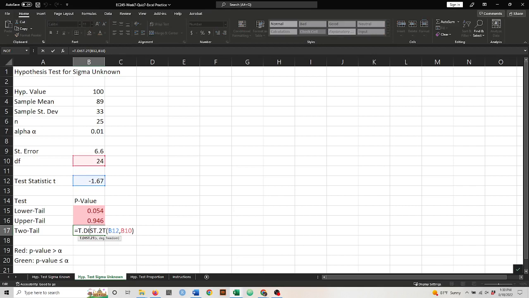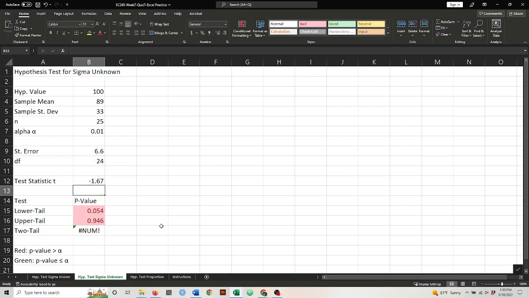The problem with this particular function is that it doesn't like to read negative numbers. See how we've got this negative 1.67 in here? If you're going to do a two-tail test and the test statistic's negative for our sigma unknown template, it's going to spit out this number error.